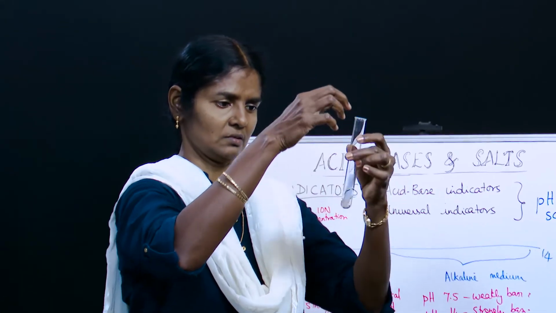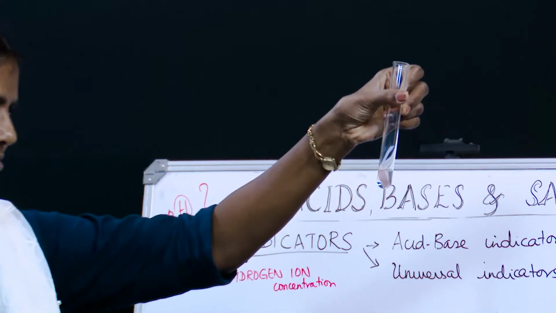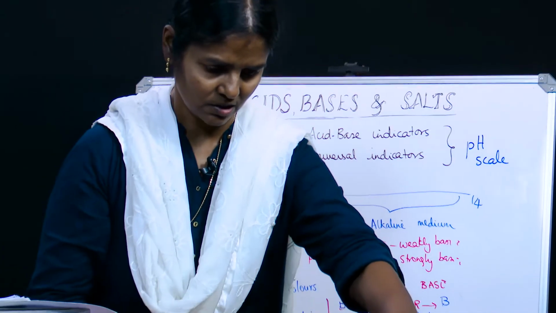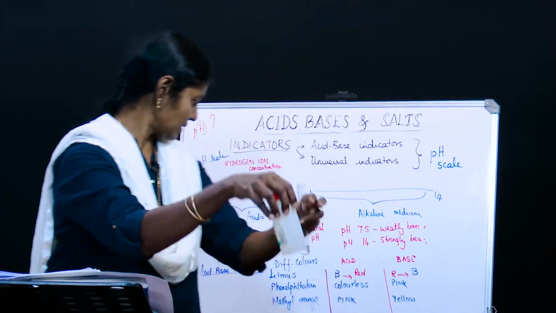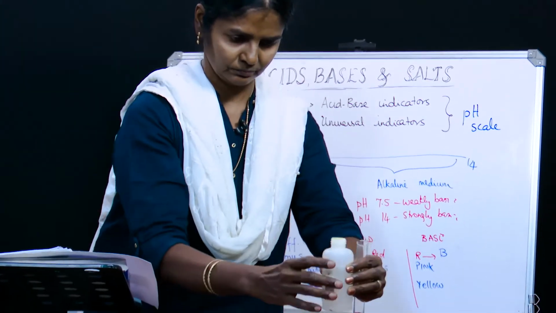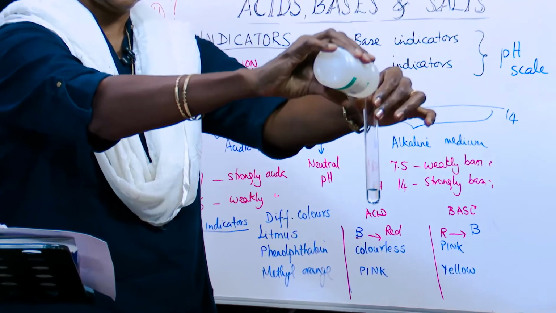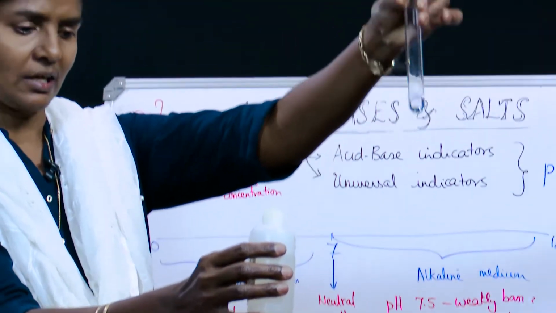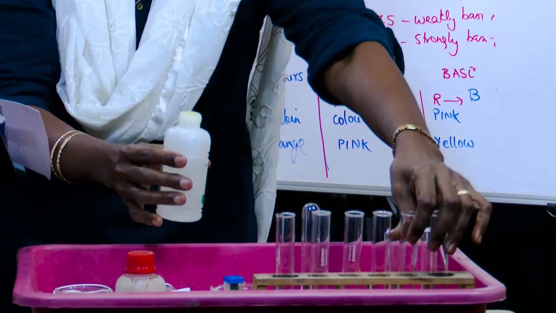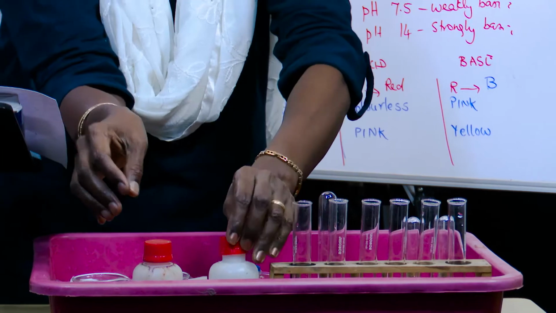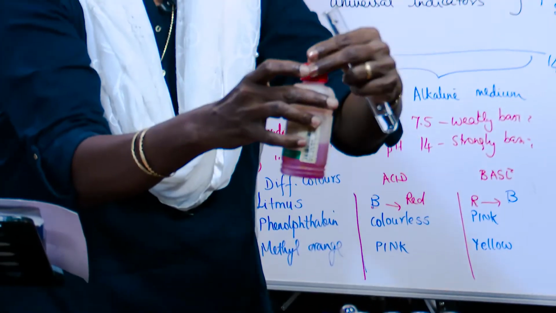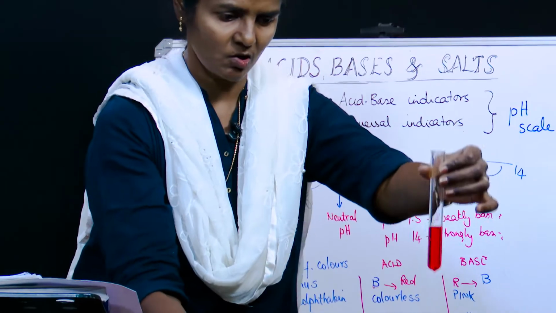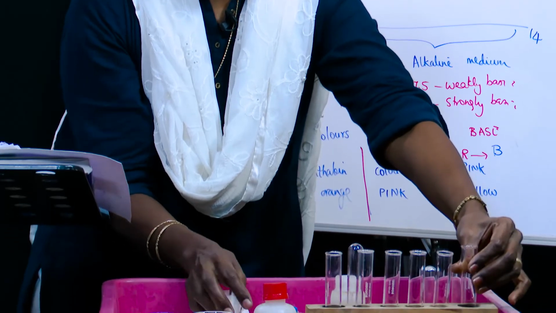Put it inside, it turns red, so that shows that it is an acid. Now to the next one we add phenolphthalein. It still stays colorless. That means it is an acid. When we add methyl orange, it becomes orange or pink in color.